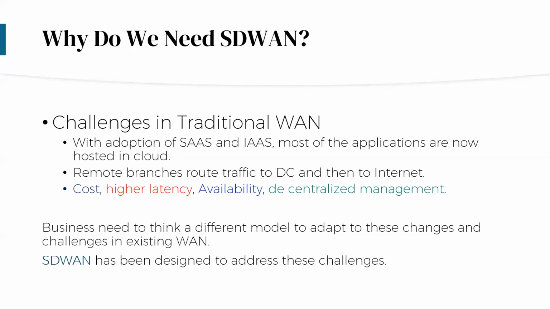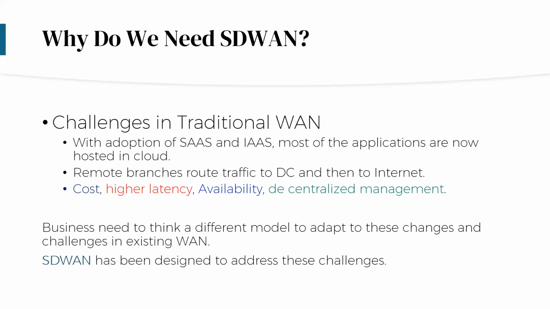With the adoption of software as a service and infrastructure as a service, most of the applications are now hosted in the cloud. For example, a particular organization has its own business application, which is organization specific, hosted in the data center.